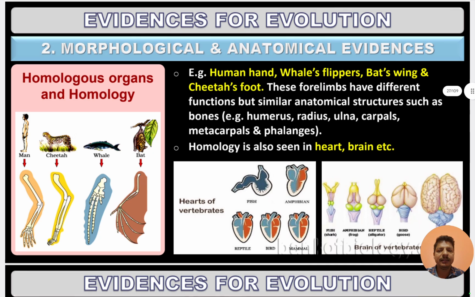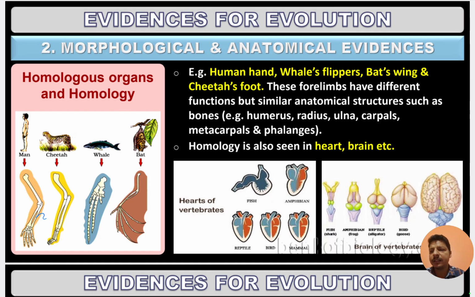Example, the human hand. Here you can see the human hand, then the whale's flipper, bat's wing and cheetah's foot. All have a similar anatomical structure such as bones, but they have different functions.